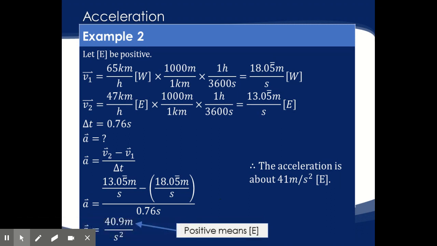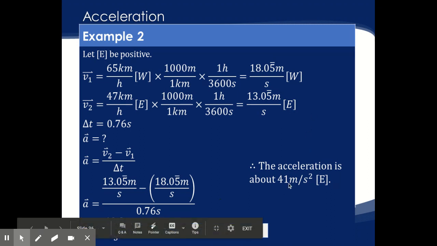So then you would just simply do your math. So you'd have 13.05 minus 18.05 over 0.76, which would give you an acceleration of 40.9 meters per second squared. So they went ahead and rounded that up here, probably to fit sig figs. So your acceleration is about 41 meters per second squared east.